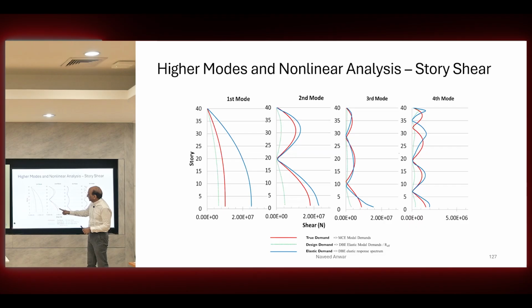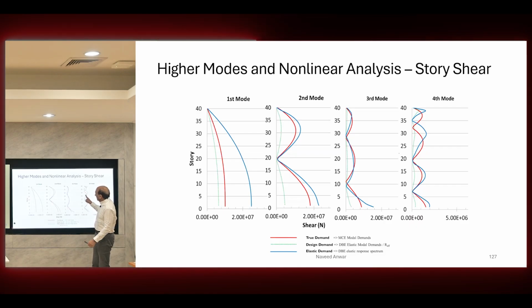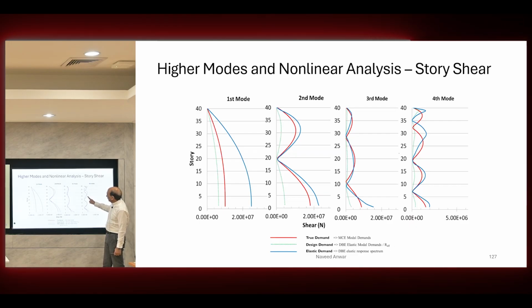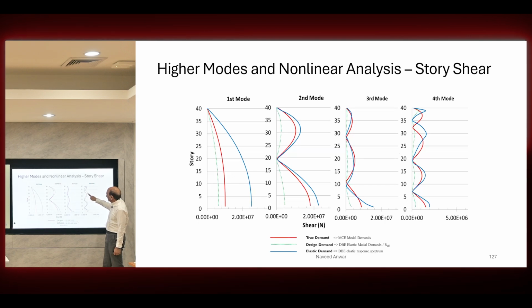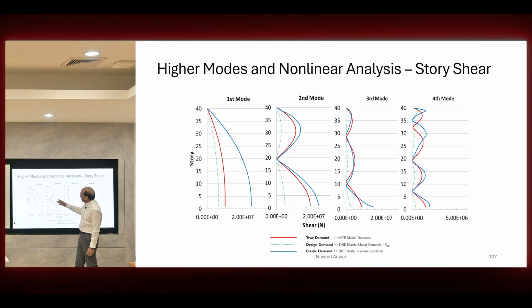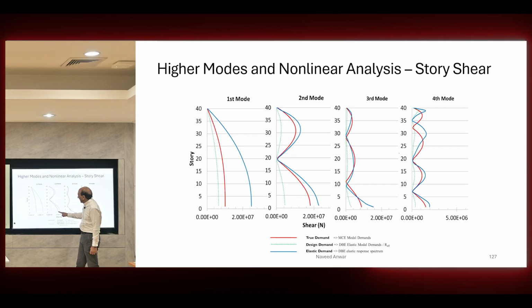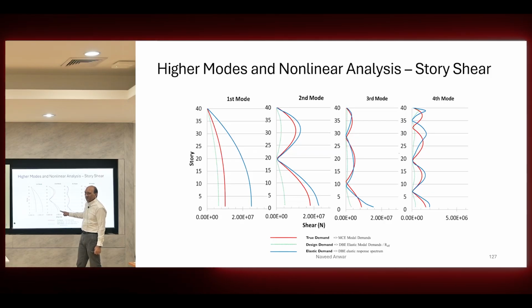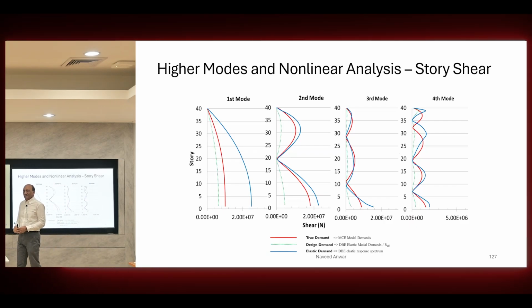Go to this one now, and this one, here and here. Look at the fourth mode, for example, and even the second mode. Now you can see that the true demand is already higher than what the code is giving you, which means the code is underestimating the demand.